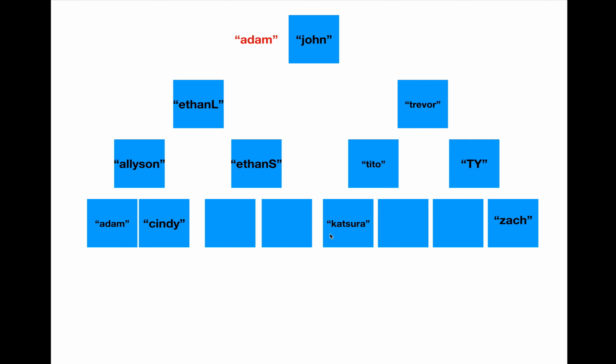The lower the letter in the alphabet, say A, B, C, would be less than X, Y, Z. So in this case, we would go to the left, and we would completely eliminate everything on the right side of the root, which would be about half of all of the elements that we had to look at. So now our search space has become quite a bit smaller. We know that we don't have to look at any of those elements.